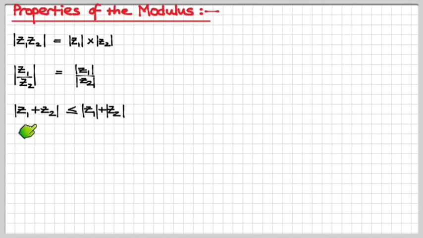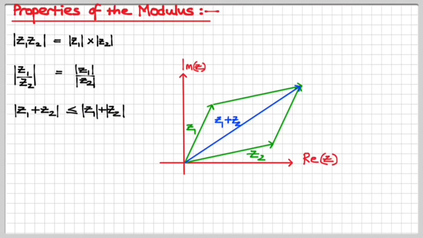This one here is definitely not that obvious until I show you a diagram in a minute. So add z1 and z2 up and then take the modulus. That is going to be less than or equal to the individual modulus or moduli of z1 and z2 added up. Okay? Moduli is the plural because it's a Latin word, by the way.